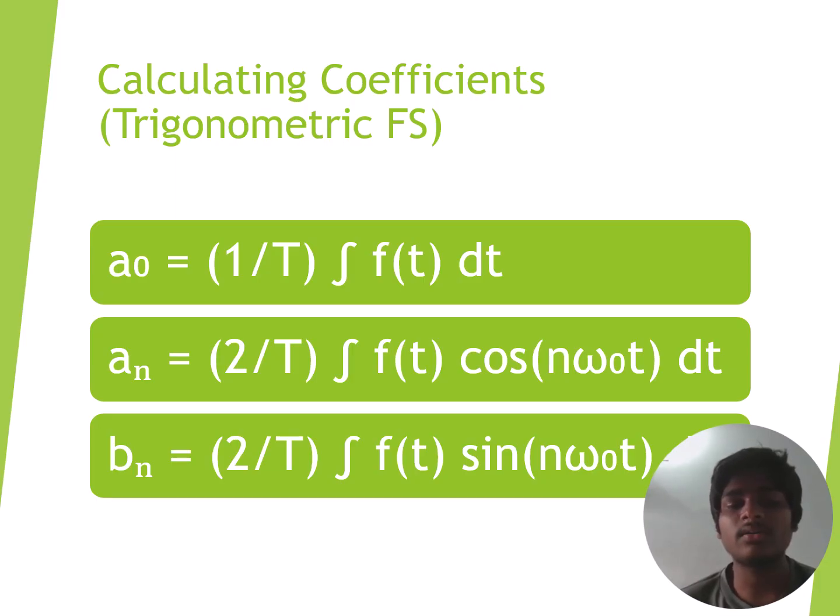These are the formulas of a n and b n, the coefficients of the Fourier series. We calculate a naught, a n and b n, and add them together.